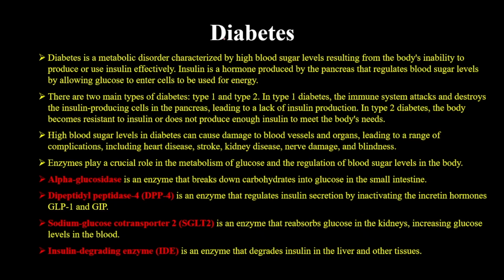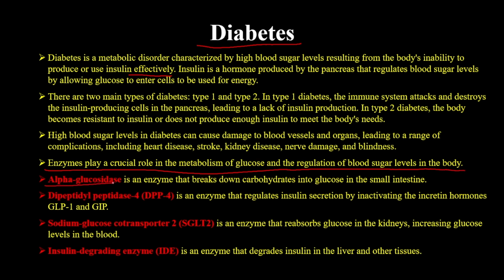Then we have another disease called diabetes. Diabetes is a metabolic disorder characterized by high blood glucose level resulting from the body's inability to produce or use insulin effectively. Enzymes play a crucial role in the metabolism of glucose and regulation of the blood glucose level in the body.